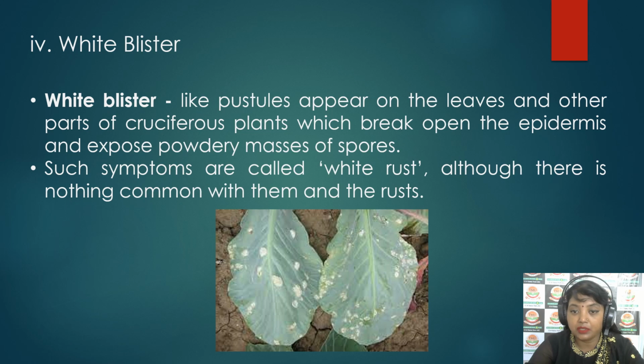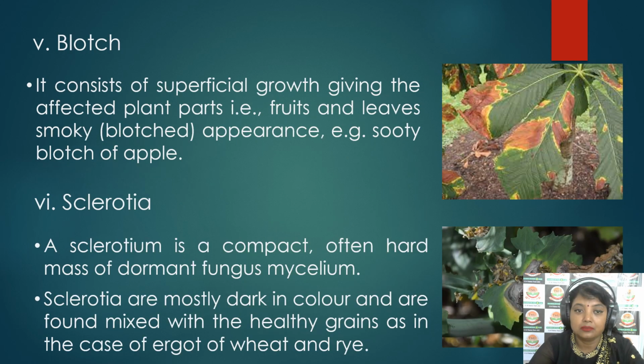Such symptoms are also called white rust, although there is nothing in common between their symptoms and those of rust, but still it is called white rust. So what is white blister or white rust? It is like pustules which appear on the leaves and other parts of cruciferous plants, breaking the epidermis and exposing the powdery mass of spores.